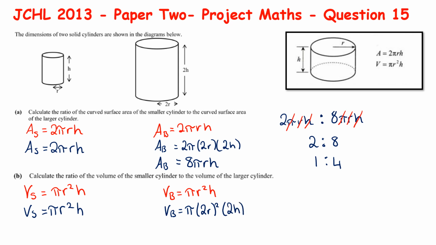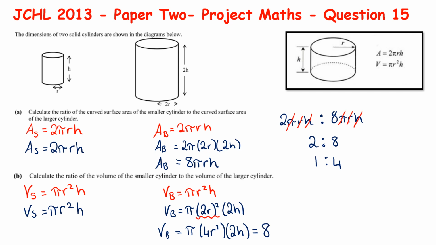So we must follow our rules of BIMDAS, and BIMDAS tells us we must do any brackets first, do what's in the brackets, and then indices. So let's focus on working with this piece here. So 2r all squared actually gives us 4r squared. So both the 2 and the r must be squared, times 2h. Focus on the numbers you can see. I can see a 4 and a 2. Let's multiply them.